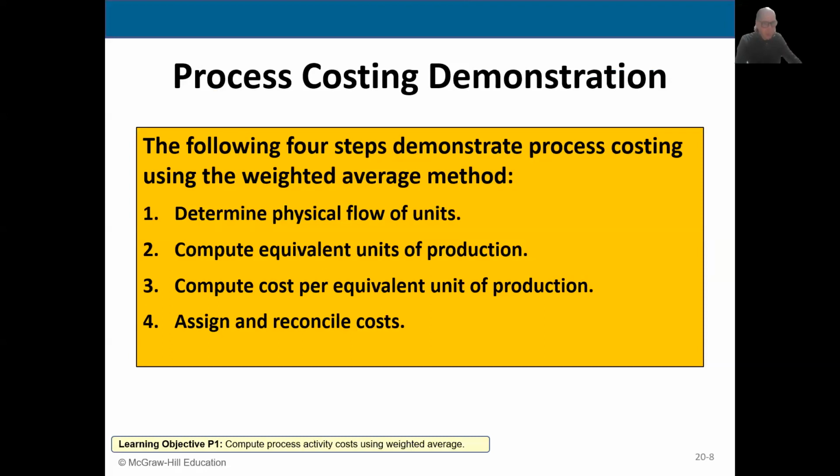The second step is to compute the equivalent units of production. An equivalent unit of production involves understanding the cost of producing a single unit at each department. I'll break that down a little further in a bit, but I just want you to understand what equivalent units of production is.